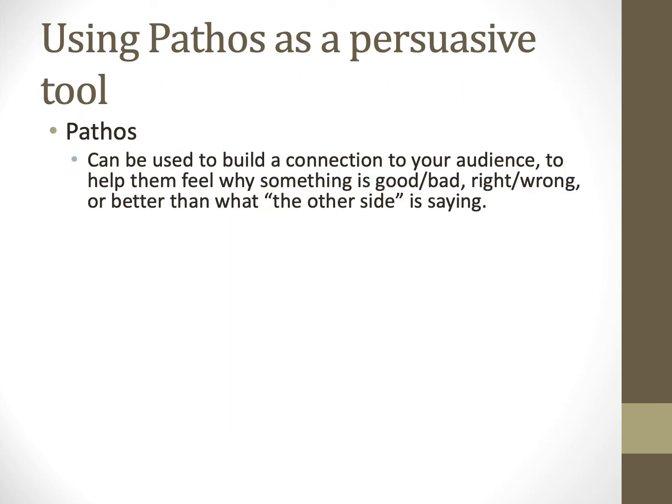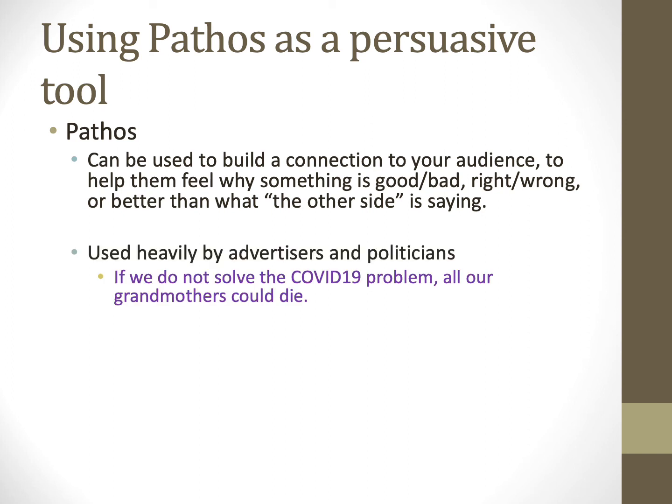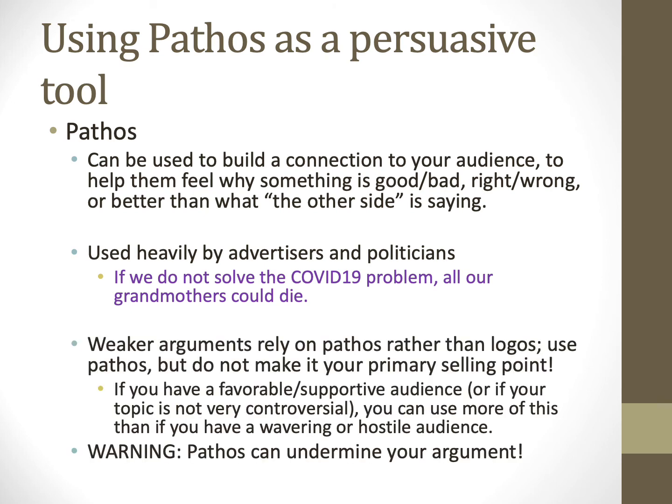Pathos, again, is this emotional side. You often hear this in advertisement and in political speeches, something like, if we do not solve the COVID-19 problem, all of our grandmothers could die. Even though it is true that the virus affects elderly people more than young people, this is built on our emotion towards our grandmothers and not the data.